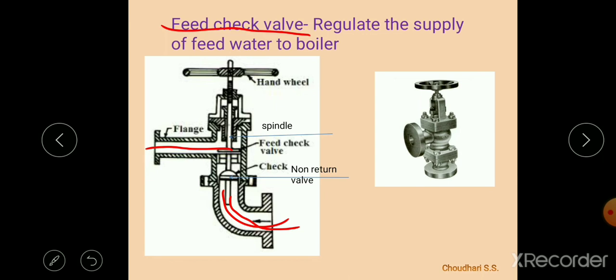If a pump is supplying water to the boiler shell, and this pump is not operating or the pump stops, in that case water may be returned back. To avoid this, a non-return valve is used. So in that case the feed water normally flows in the boiler.